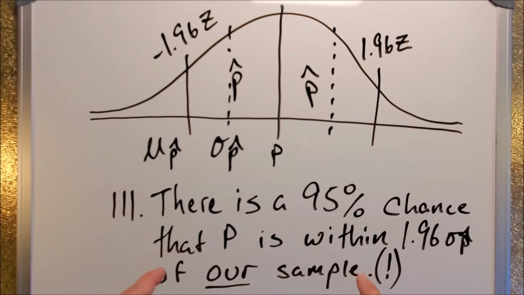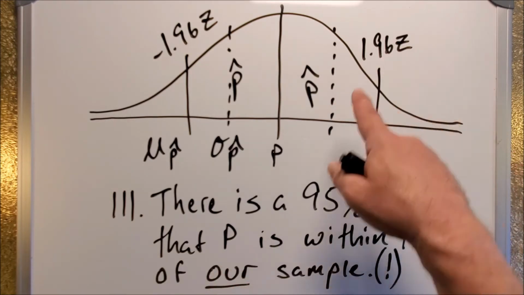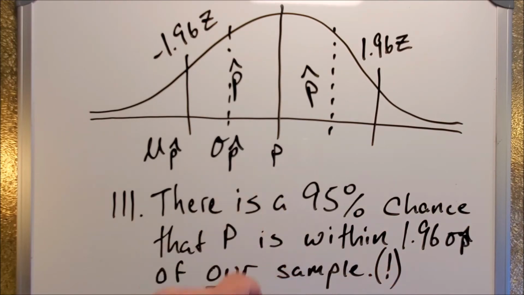So the statement that I made in part 2, I can turn around and say the other way. If there's a 95% chance that our sample is within 1.96 standard errors of the true population proportion, then I can also say this. There's a 95% chance that the true population proportion is within 1.96 standard errors of whatever our sample was.